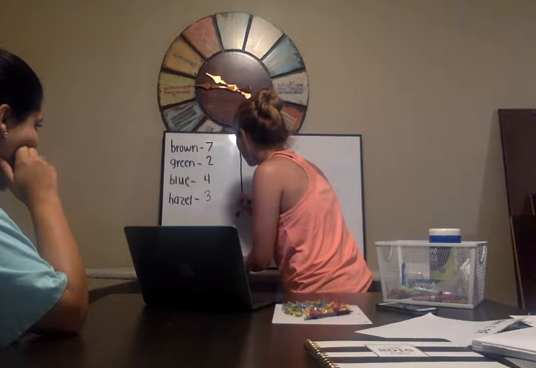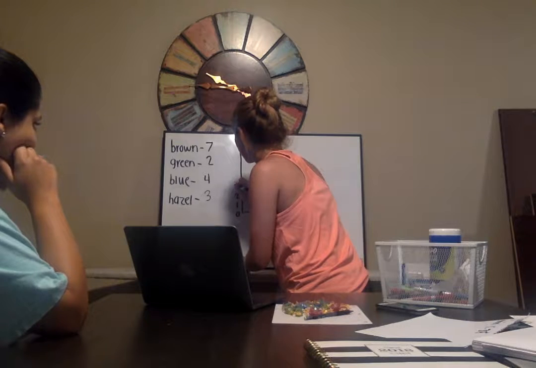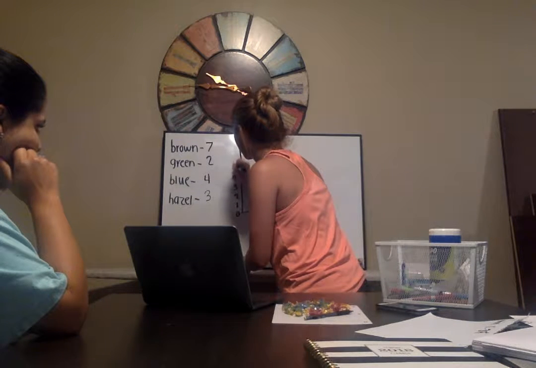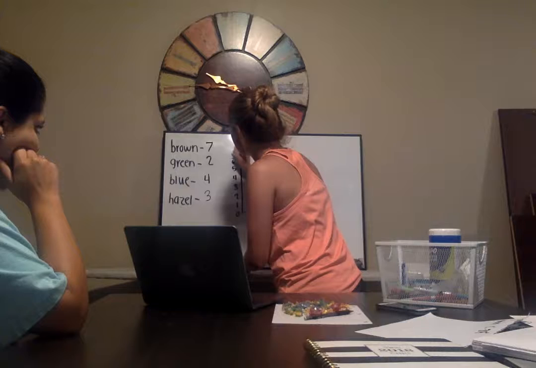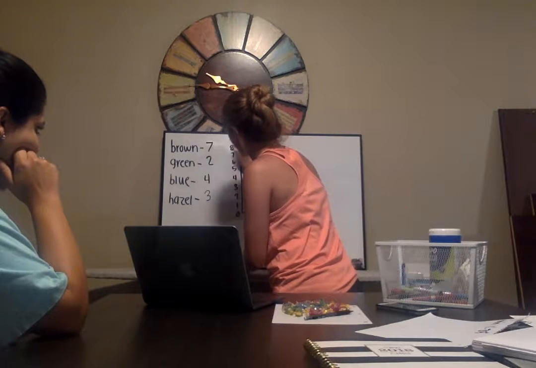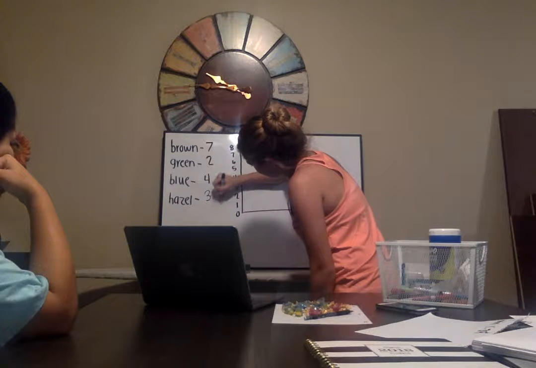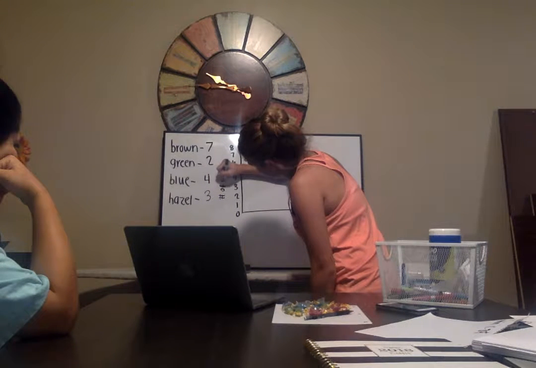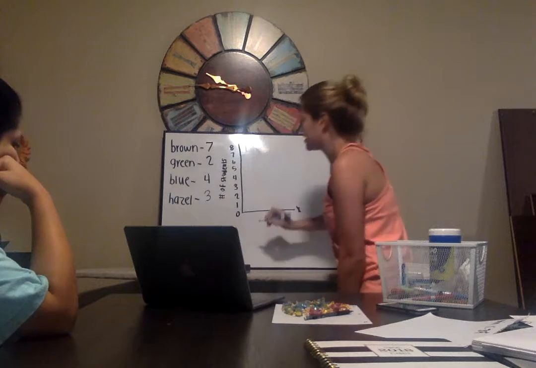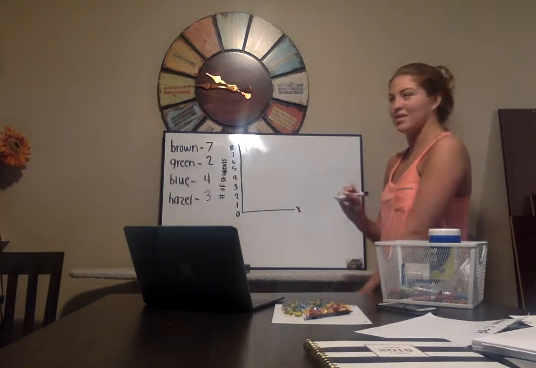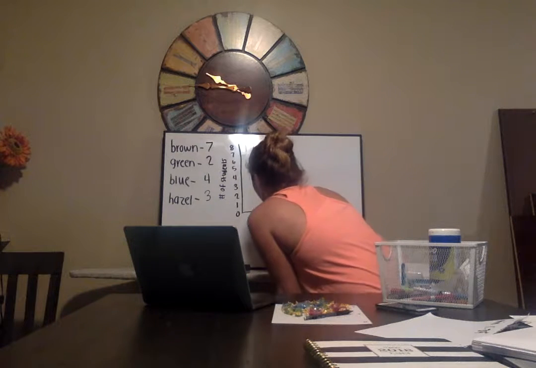We're just going to do 1, 2, 3, 4, 5, 6, 7, and 8. Then this is number of students. And this is the categories of eye color, so we'll put eye color.